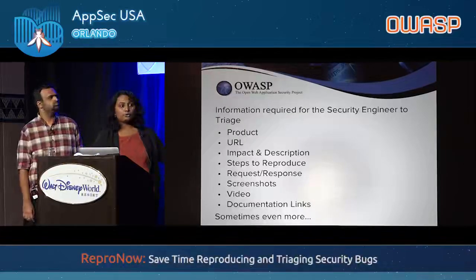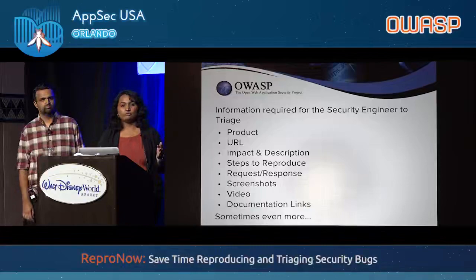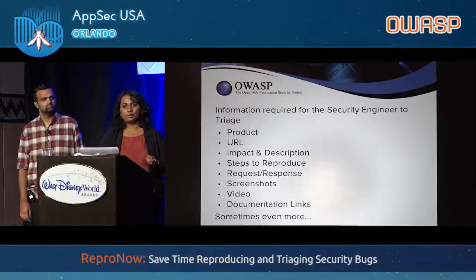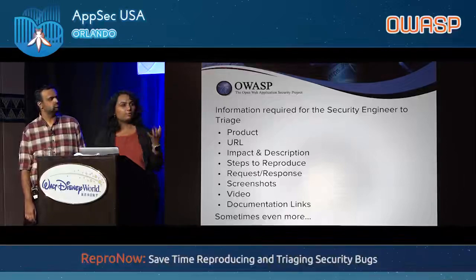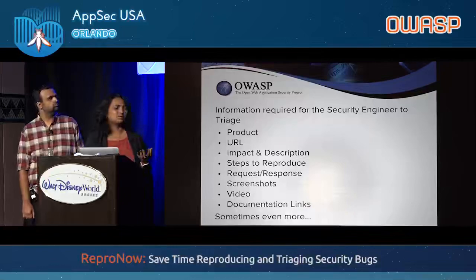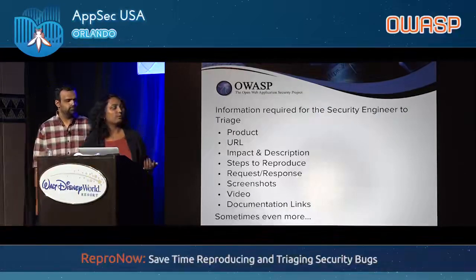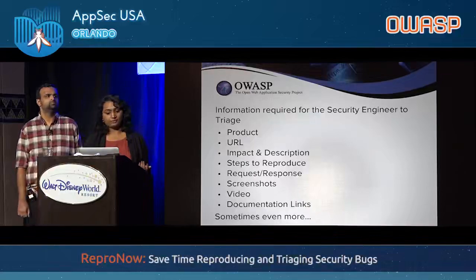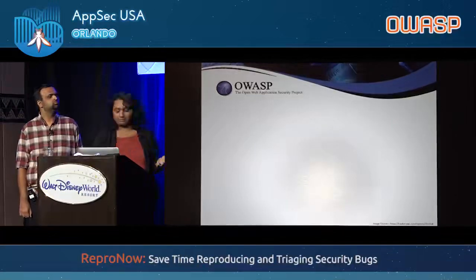For the steps to reproduce, you would require a lot of information because everything is complex today, and the bugs are not always simple. So you probably need some of these HTTP requests, a POST or GET request, wherever the bug is. You need some screenshots. You need to know the flow of it. You need to know the pre-existing conditions. While this is not an exhaustive list, we've listed some of the main things, but you require way more information most of the time. So let's look at some of the sample reports we have.